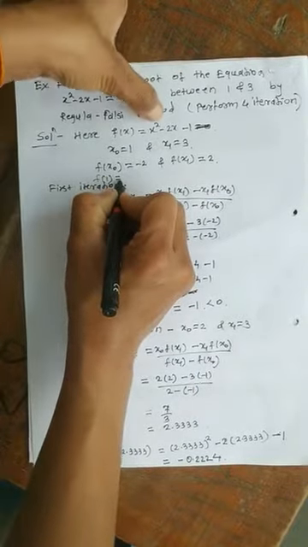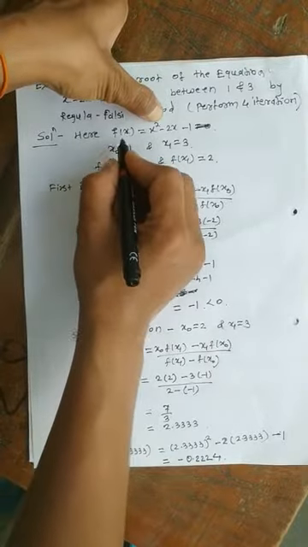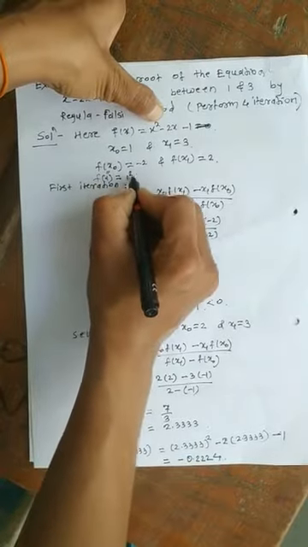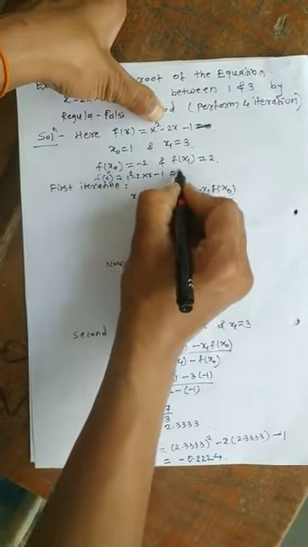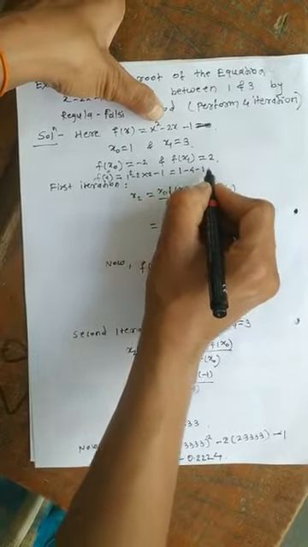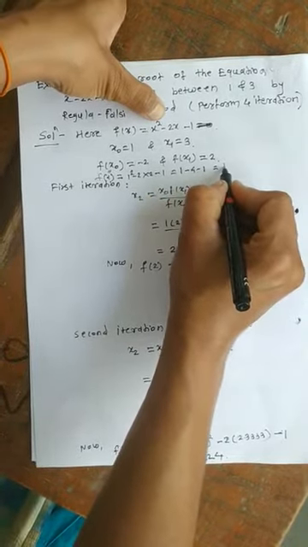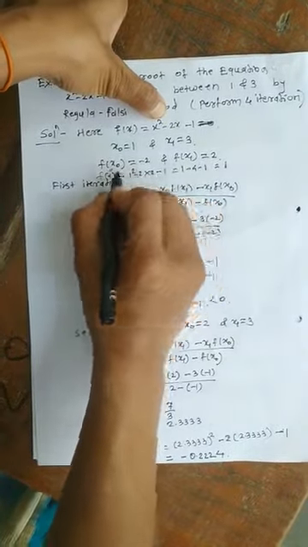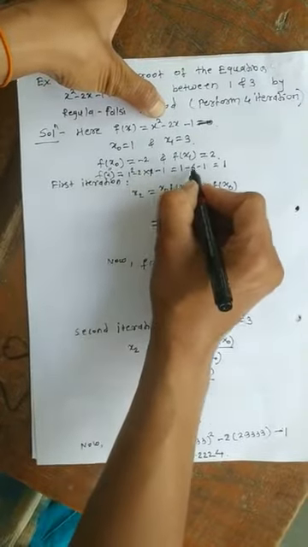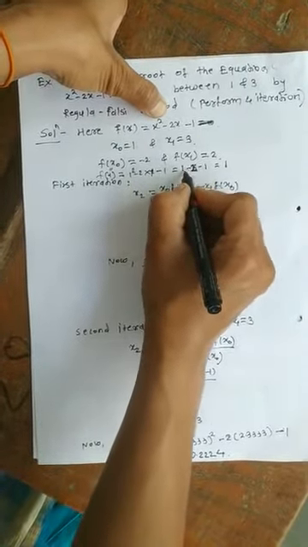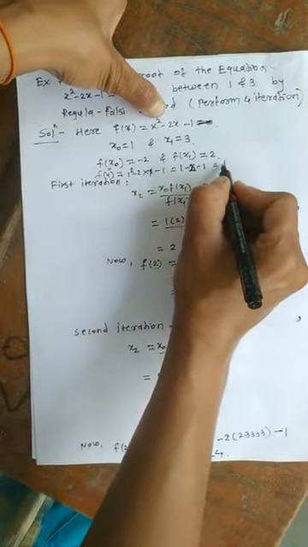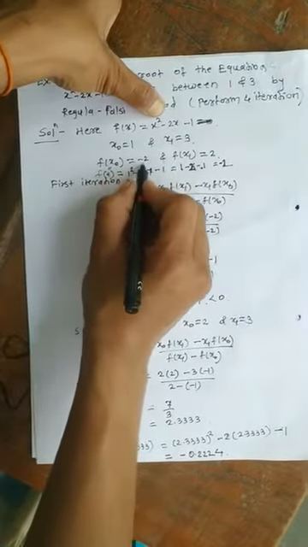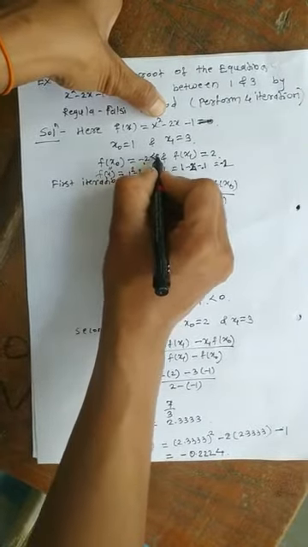In f of x we put x equal to 1, so 1 square minus 2 into 1 minus 1, which is 1 minus 2 minus 1, the plus 1 and minus 1 cancel, so we get f of x naught is equal to minus 2, which is less than 0.